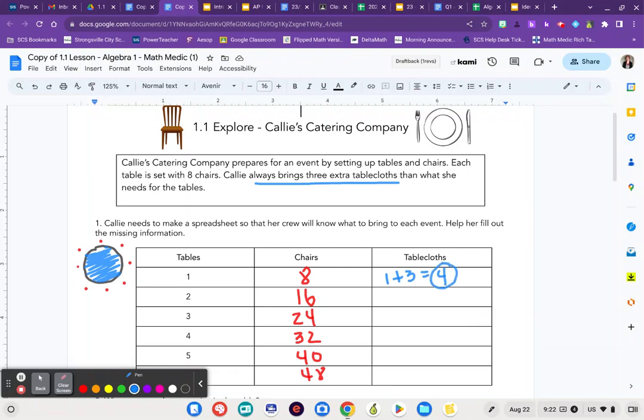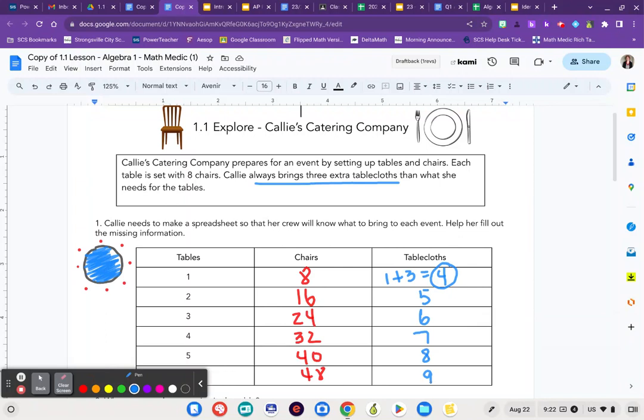So if I have 2 tables, then I have 2 of these coverings and the 3 extra. So it's not 3 extra per table, it's just 3 extra in general. So now I have 2 tables plus 3 extra is 5 tablecloths. 3 tables plus 3 extra is 6 tablecloths. And so for every additional table, I need to bring in 1 more tablecloth for that table.